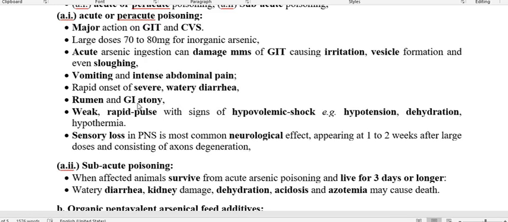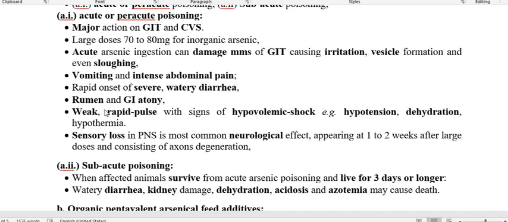Because of the capillary dilatation and fragility, blood volume is reduced, producing a hypovolemic condition, that is hypotension, and because of the diarrhea it produces dehydration and also hypothermia.